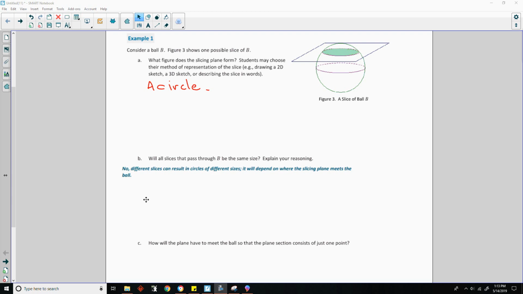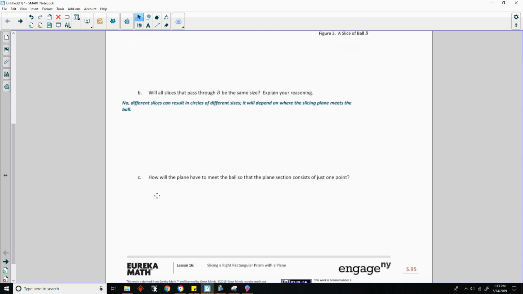It will depend on where the slicing plane meets the ball. The closer it is to the top edge, the smaller the circle. Once you hit the center, you're going to get the diameter of that sphere, and you're going to have the largest possible circle.